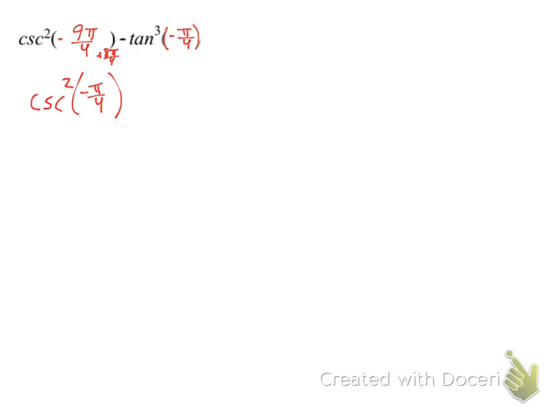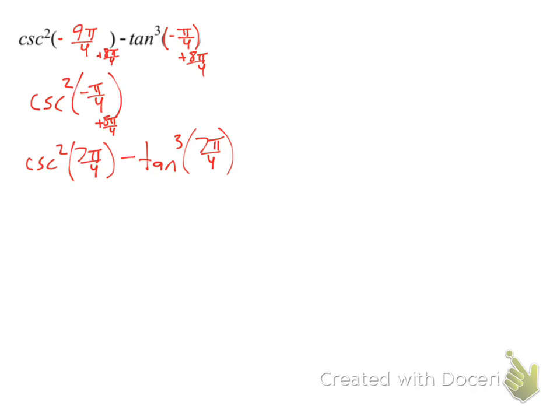That's kind of nice. Some people don't make those connections and they end up doing work more than once. I'm going to fix that because I don't like negative pi over 4, so I change that by adding another 8 pi over 4. I'm also going to do that here. So it's cosecant squared of 7 pi over 4 minus tangent cubed of 7 pi over 4.